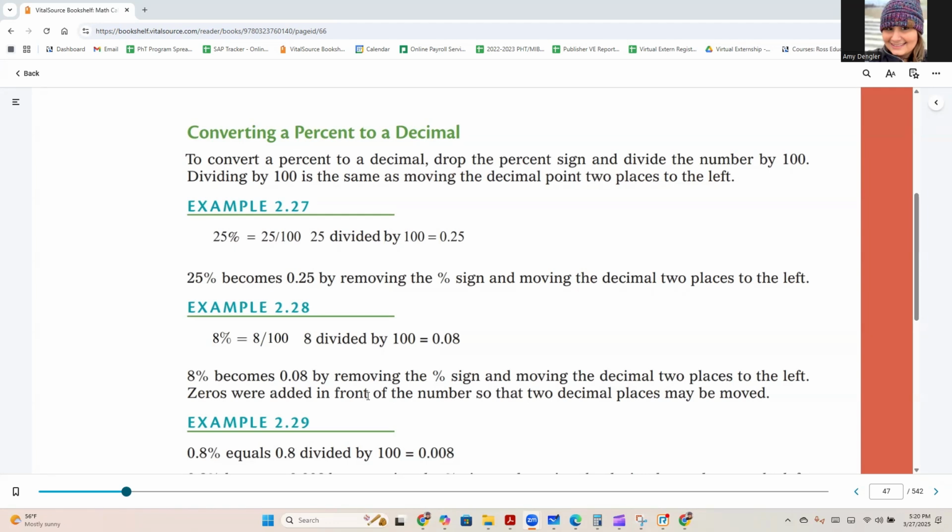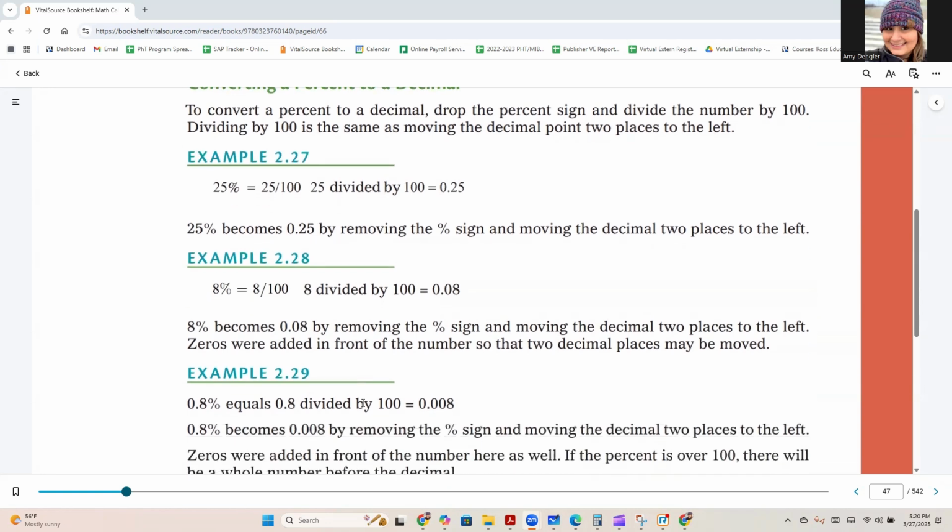To convert a percent to a decimal, drop the percent sign and divide the number by 100. Dividing by 100 is the same as moving the decimal point two places to the left. So you can see here, for example 2.27, 25%, they took the 25 and put it over 100.